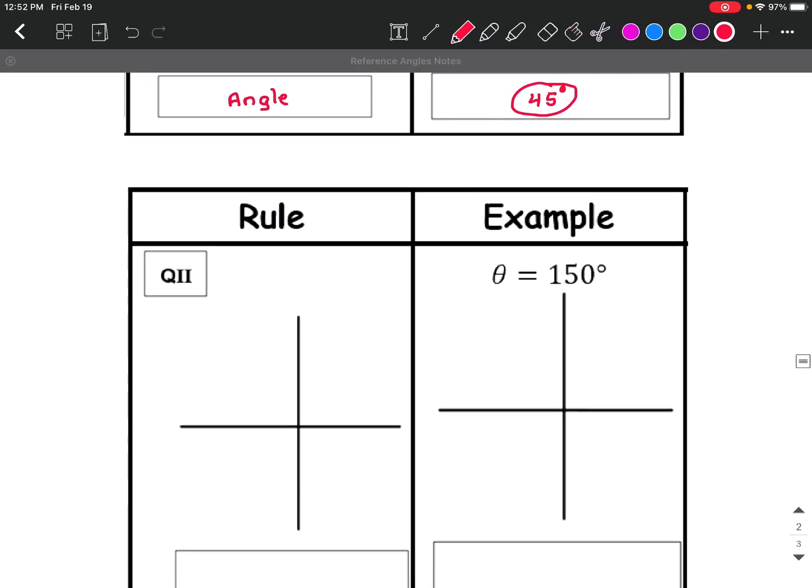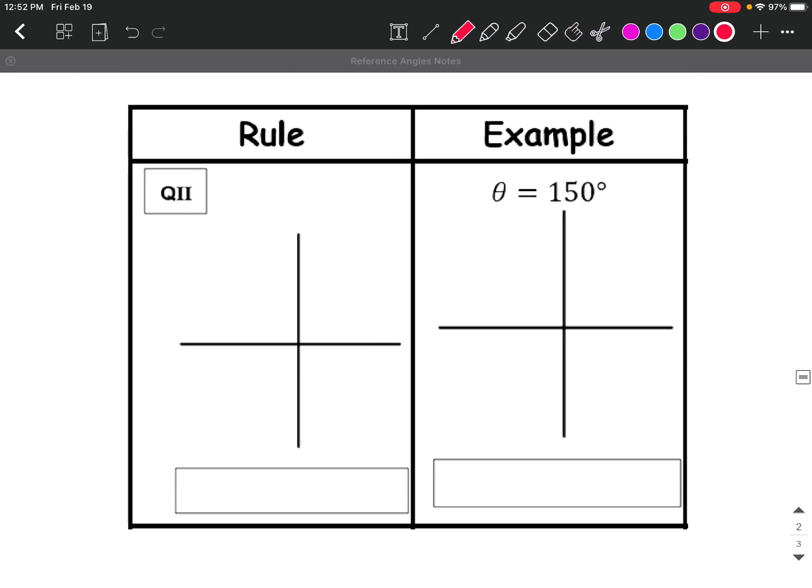Okay. Now let's look at the second quadrant. So we have an angle in standard position, so it starts here, but we're going to rotate into the second quadrant. Okay, so there's our angle theta. Now, the quickest way to the x-axis is here. This is our reference angle.